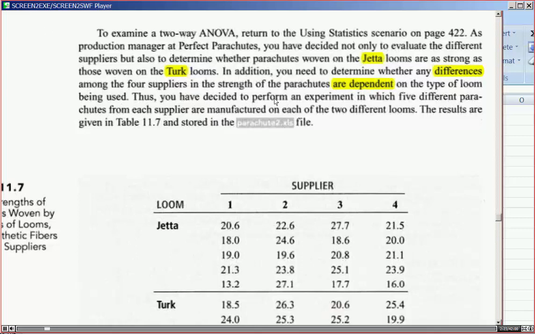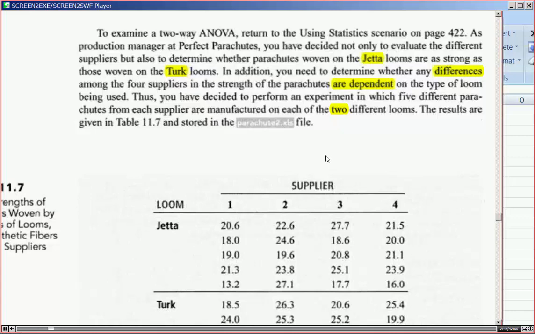Thus, you have decided to perform an experiment in which 5 different parachutes from each supplier, pay attention to this, 5 different parachutes from each supplier are manufactured on each of the 2 different looms.